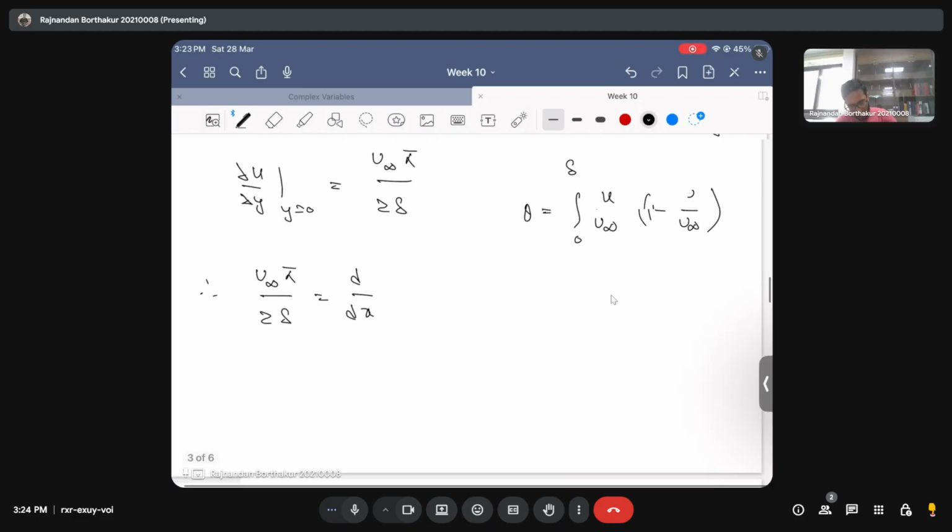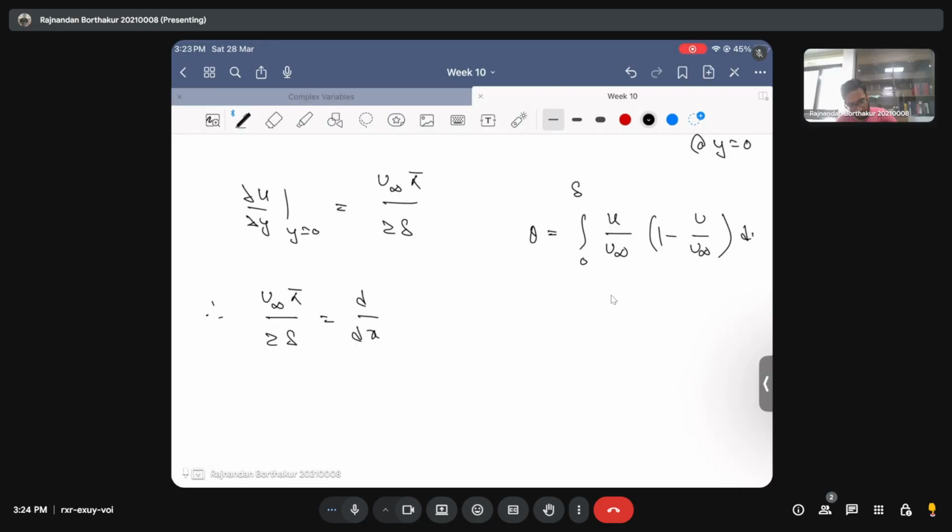Okay, and this integration is done over dy. So one important thing, you can sense that your theta is just a function of x. The reason is that u is a function of x and y, but we have already done the integration from 0 to delta along dy, which means we are adding up all the y dependencies and summing them into the integration.